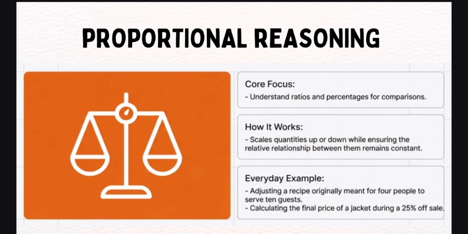For example, adjusting a recipe originally meant for 4 people to serve 10 guests, then calculating the final price of a jacket during a 25% off sale. So this is proportional reasoning. The focus is on ratios and percentages, and these are used for comparisons.